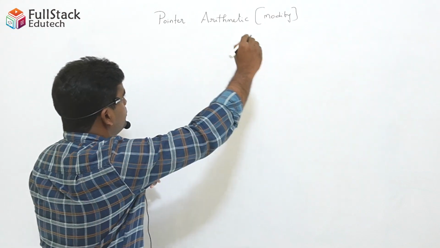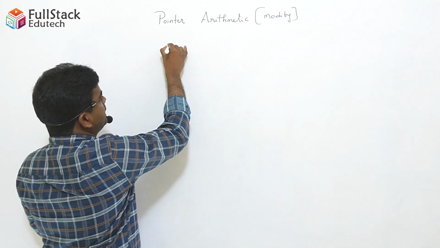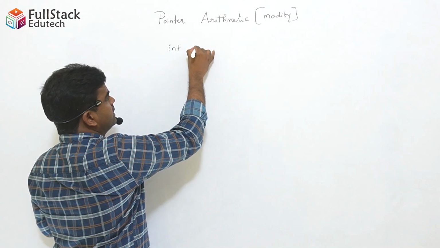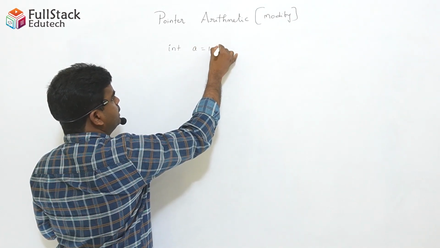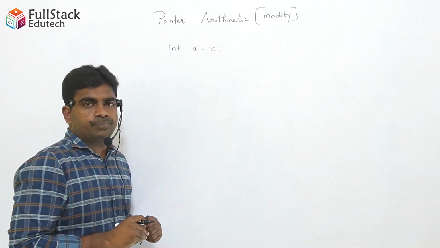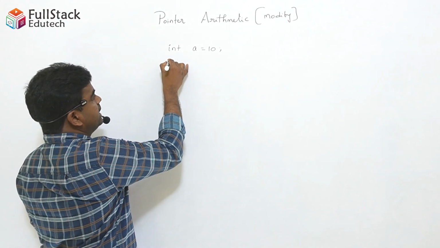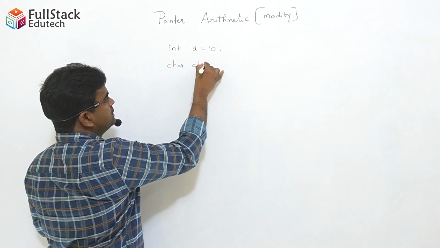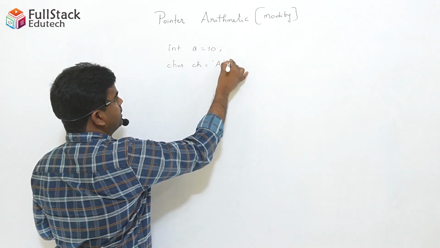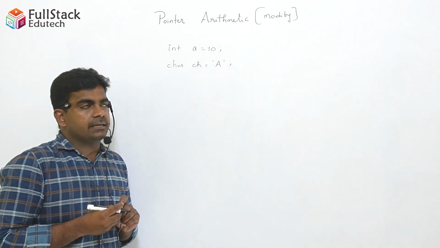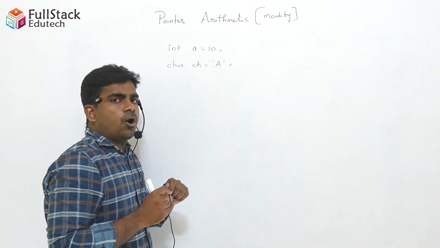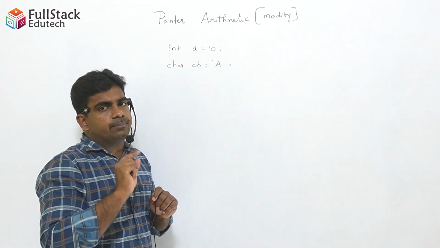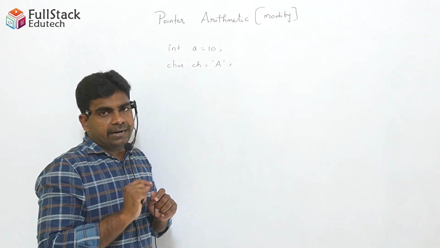Suppose I'm taking one integer variable, int a equals 10, it holds some value. Next, here I am declaring one character variable ch equal to capital A. Consider integer occupies 4 bytes of memory, character occupies 1 byte of memory.